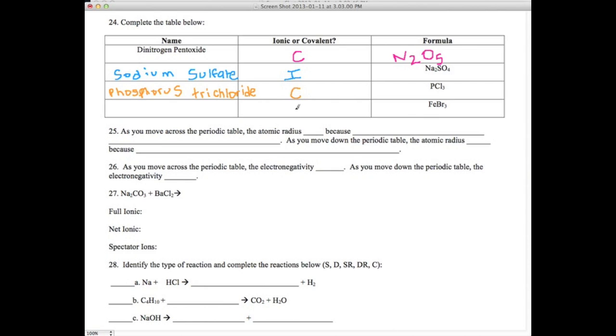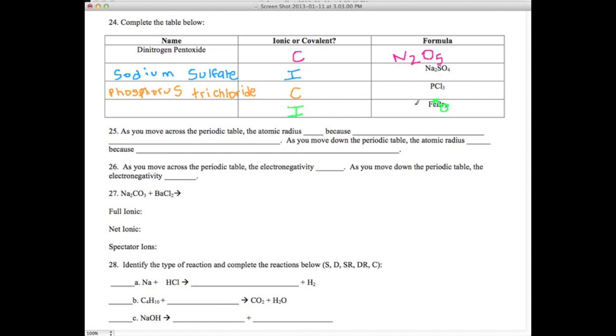Okay, let's look at the last one. FeBr3. Well, Fe is a metal, and so therefore my compound is going to be ionic. That's nice and easy. But if you notice, Fe on your periodic table is a transition metal. Therefore, I need to use my Roman numerals to demonstrate the charge of Fe. If I uncross my charges, here's the 3, and make that the charge of Fe, I've already determined the charge.